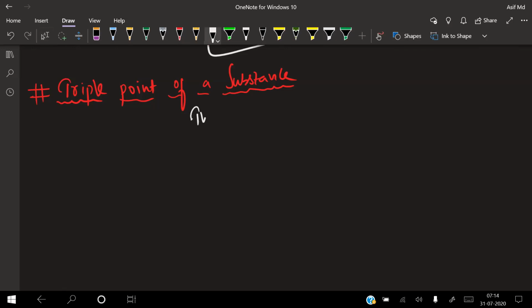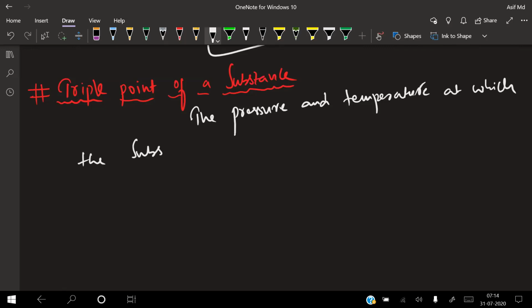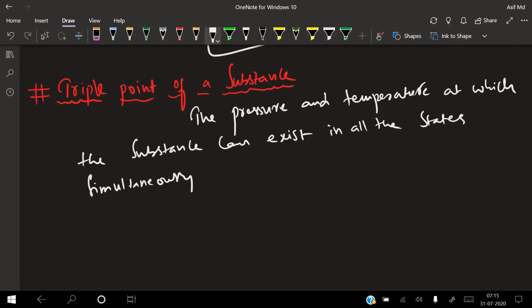So the pressure and temperature at which the substance can exist in all states simultaneously is called the triple point of a substance.